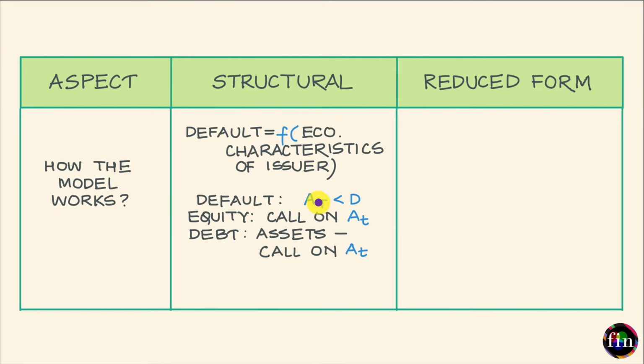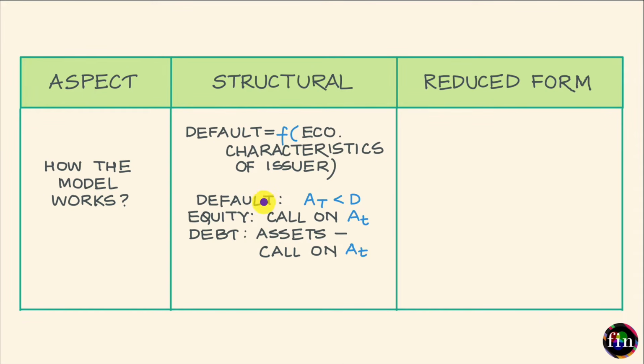That means at this time capital T, when bondholders liquidate the assets of the firm, the proceeds from this liquidation fall short of the amount which has to be paid to the debt holders, and hence debt holders incur a loss.